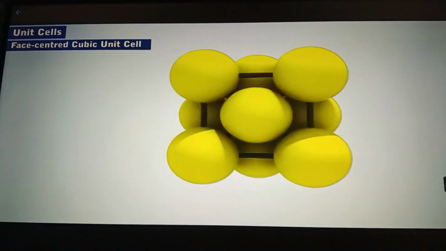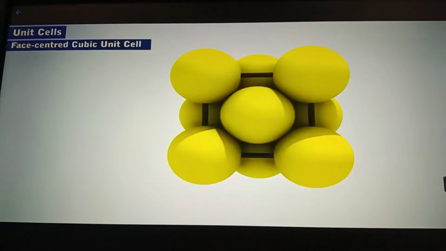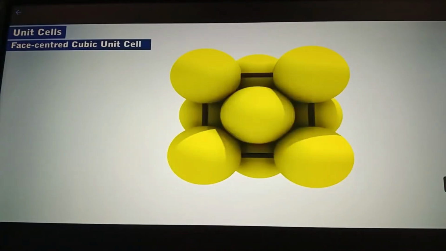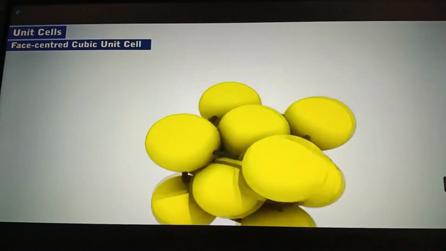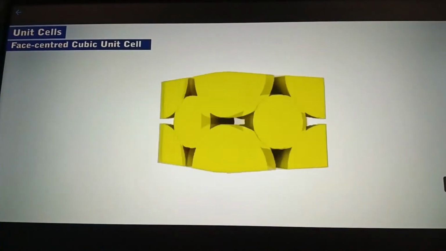The atoms touch along the diagonals and each touches 4 corner atoms. A unit cell of a face-centered cubic cell is shown here.